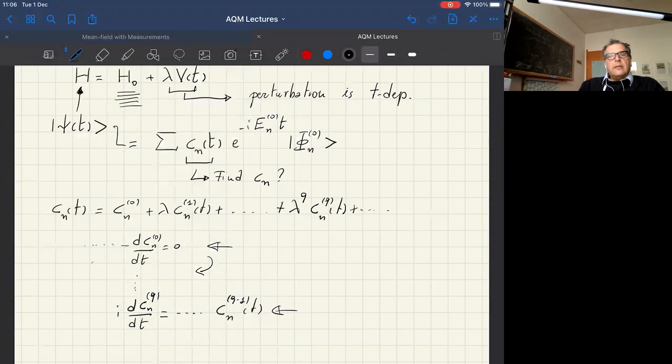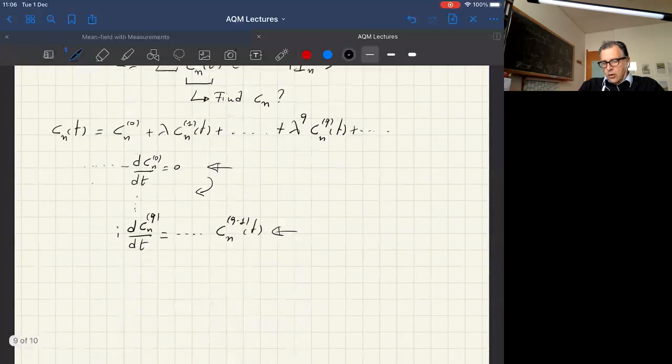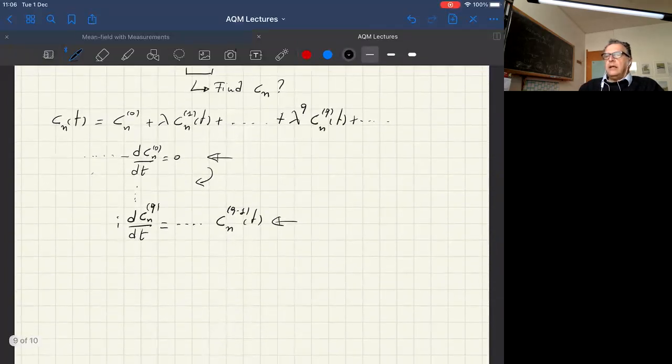Something very important that we learned yesterday was that if you start, for instance, at time 0 in a given eigenstate of H0, say phi 0 of i, and the system is put there, then there is a possibility to induce transitions to different states.